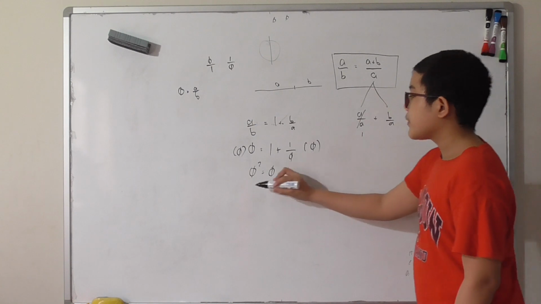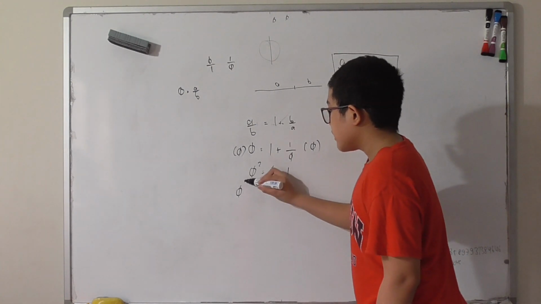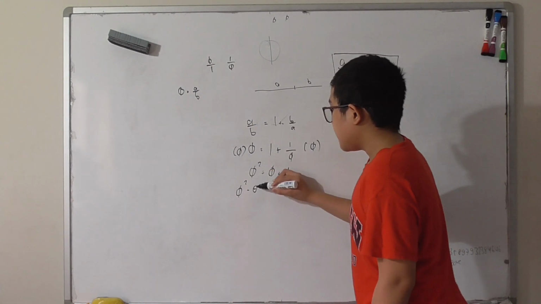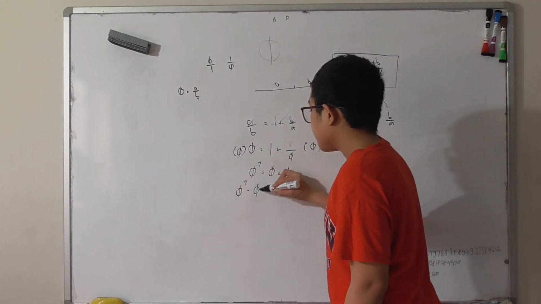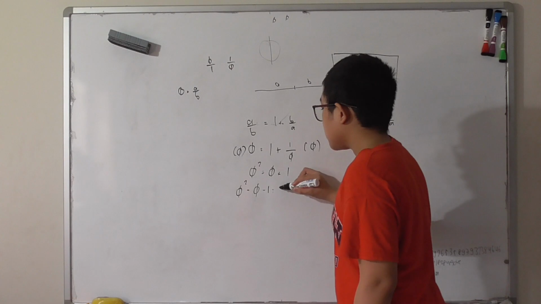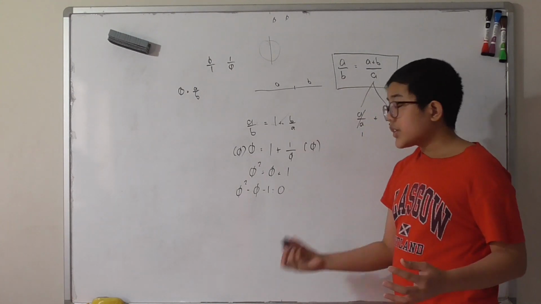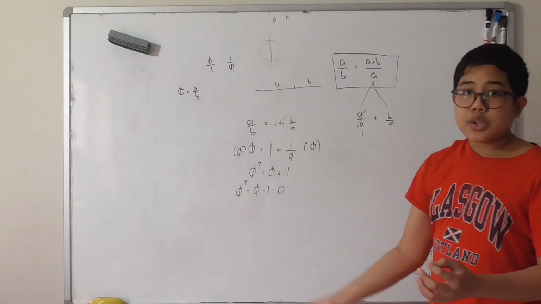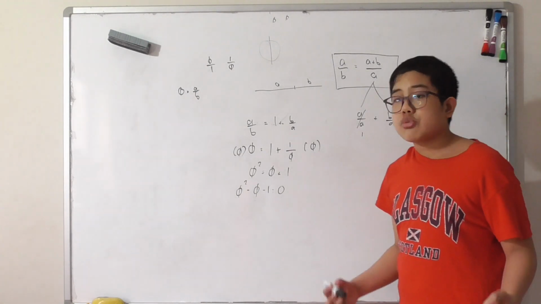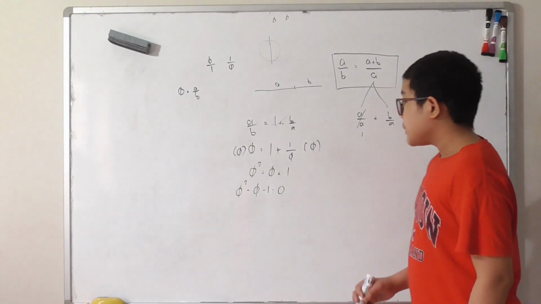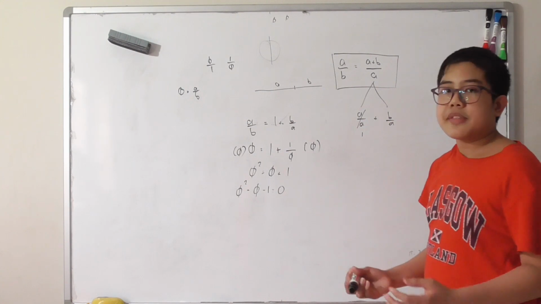So we get phi squared minus phi minus 1 is equal to 0. Now we can factor it, use the quadratic formula, or complete the square. I'm only going to use the completing the square method this time, because I think it's a much better method to calculate it.